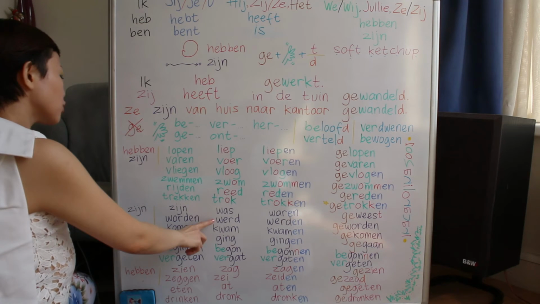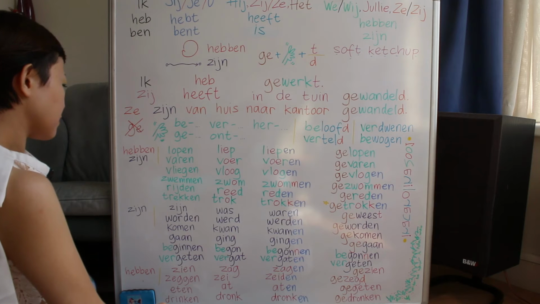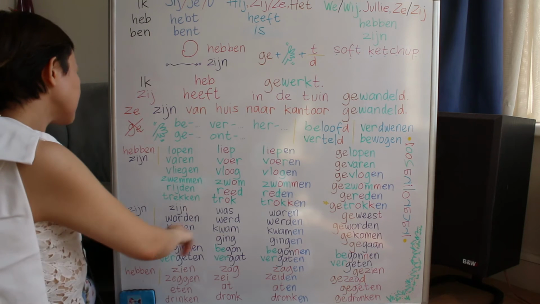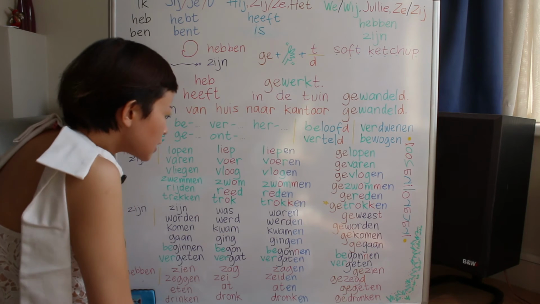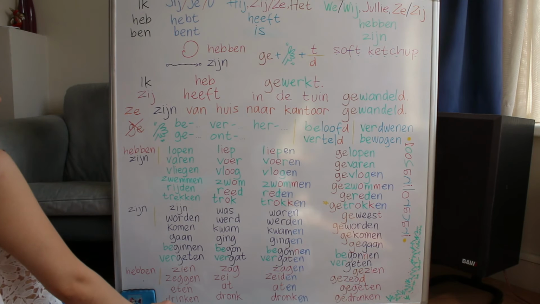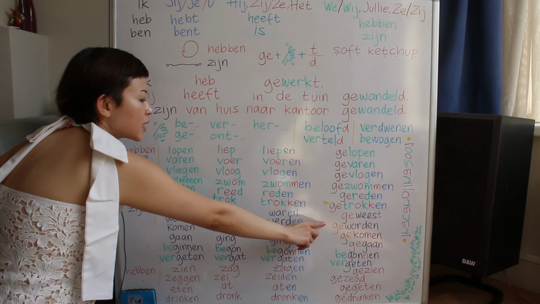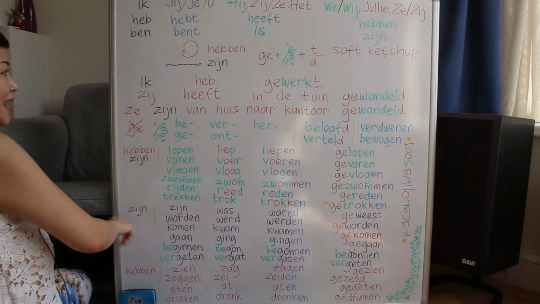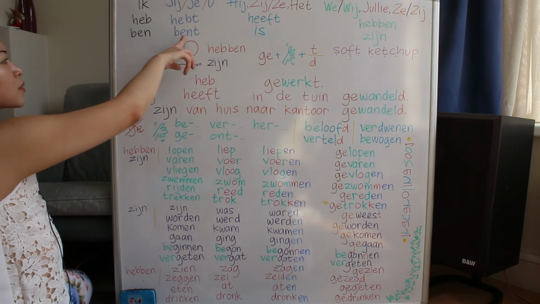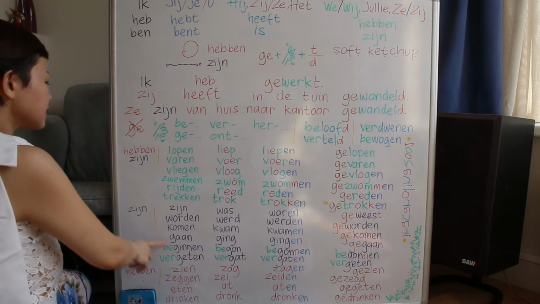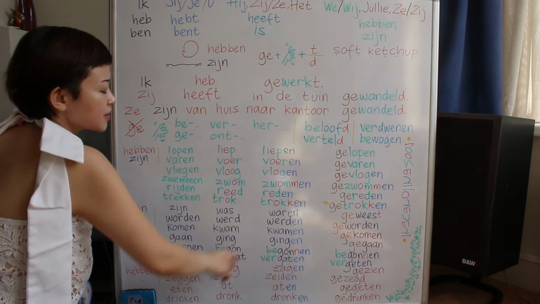Worden, werd, werden, geworden, become. Become also works always with zijn, or ben, bent, is. Gaan, ging, gingen.